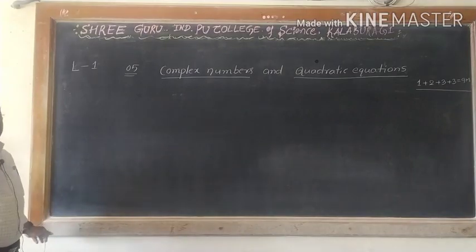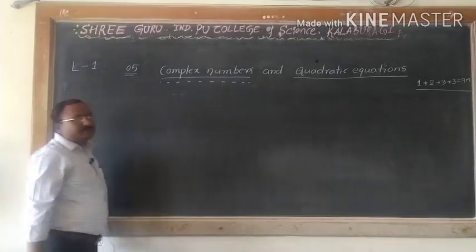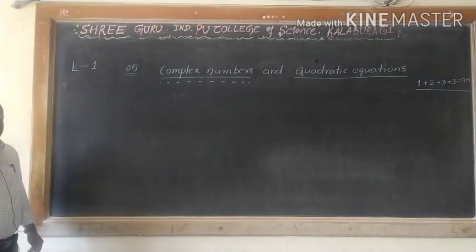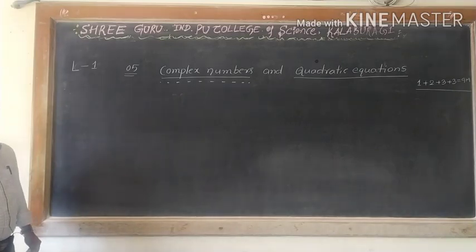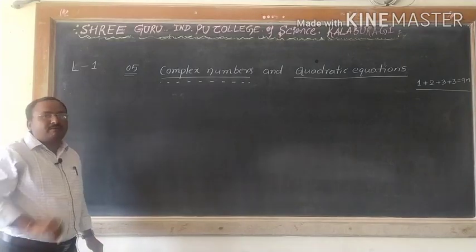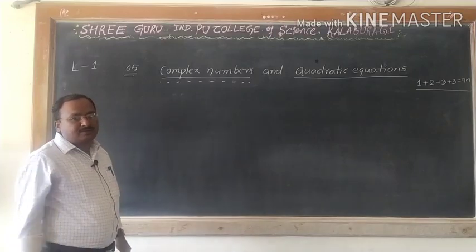For a start, that is complex numbers. What do you mean by complex number? The complex number is a combination of real and imaginary numbers.